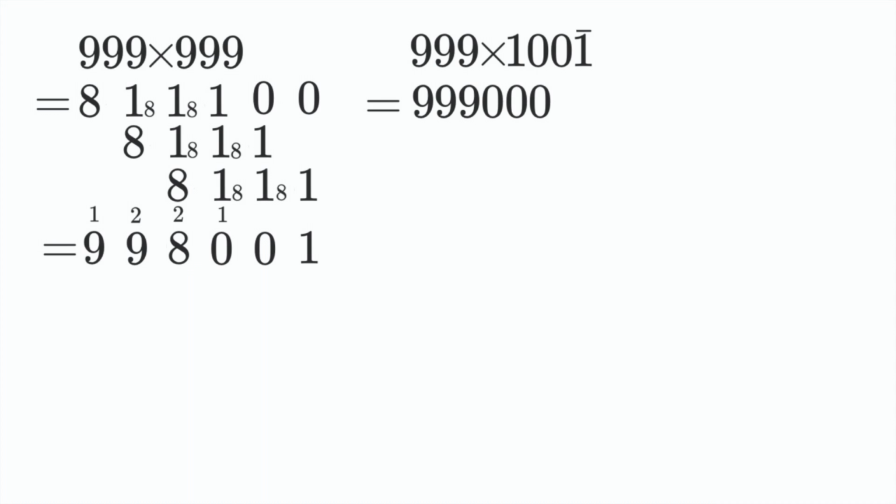Then assume that times minus 1 is a sign changer, making minus 999. Then 1 down, adding the just. We get the same result.